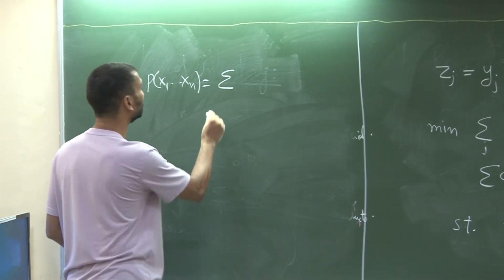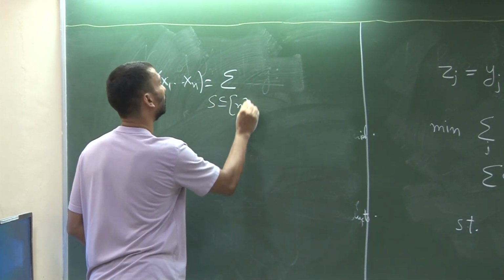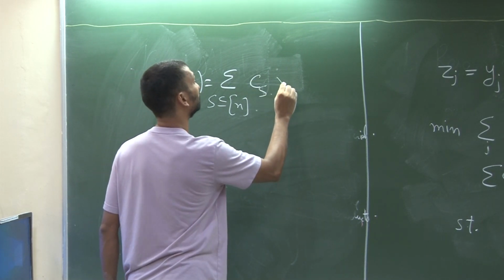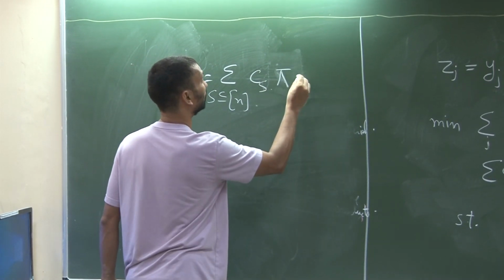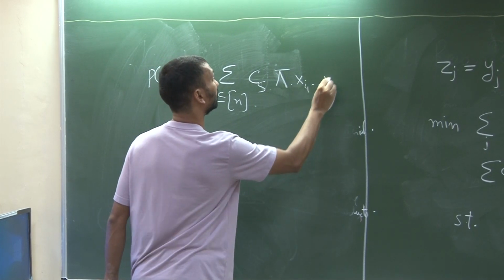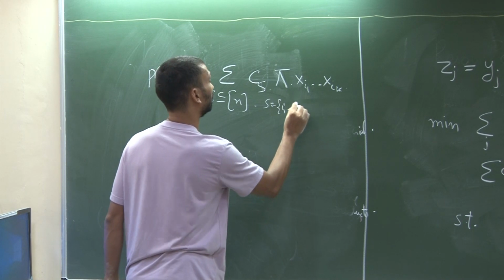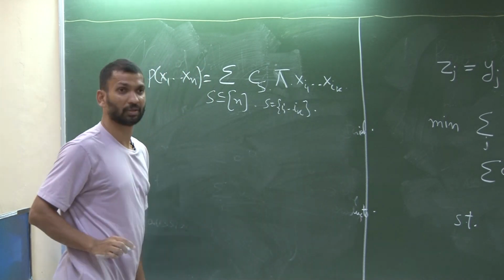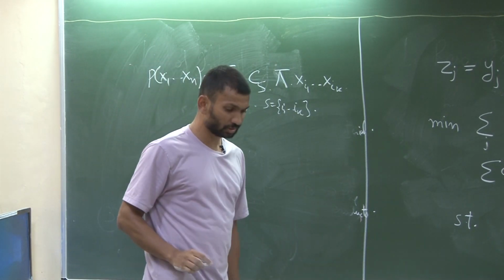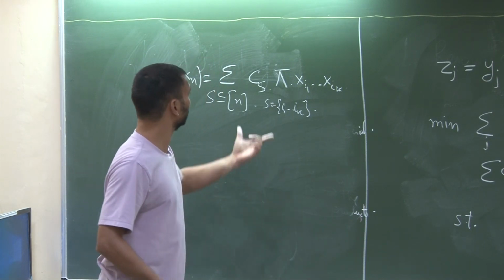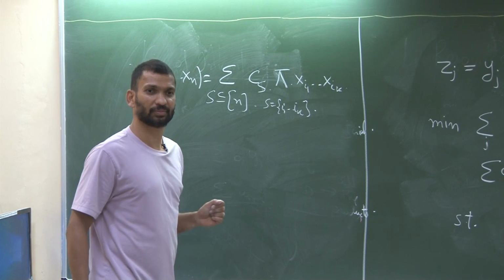if you think about it, it will look like some coefficient of s multiplied by the monomial where s is a subset. Right? So there are at most 2 to the power n terms in my polynomial.